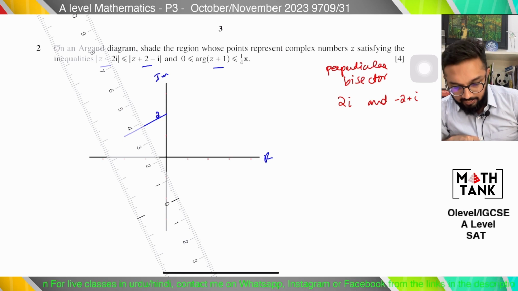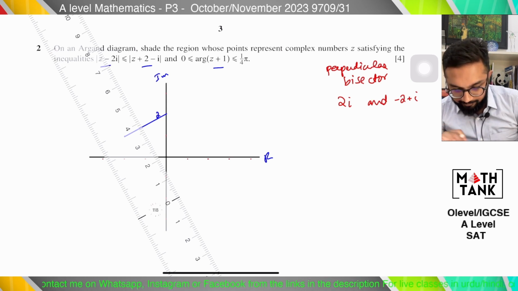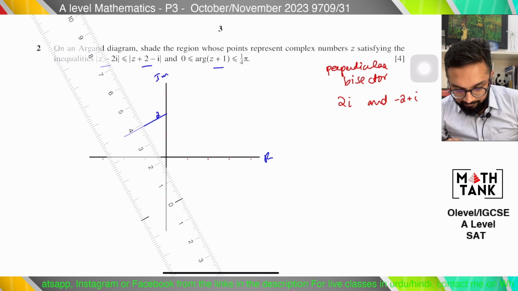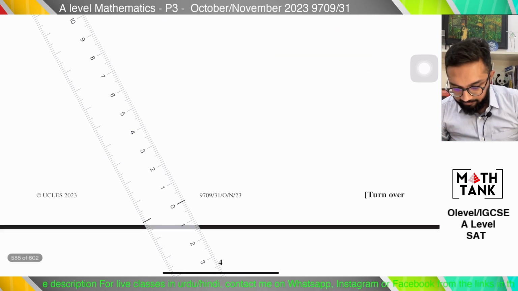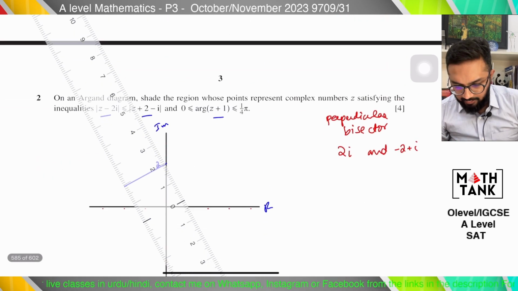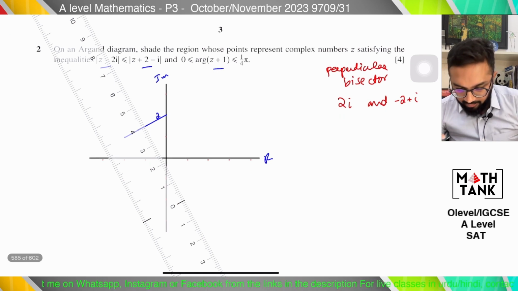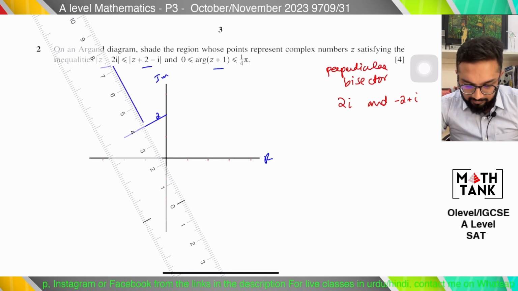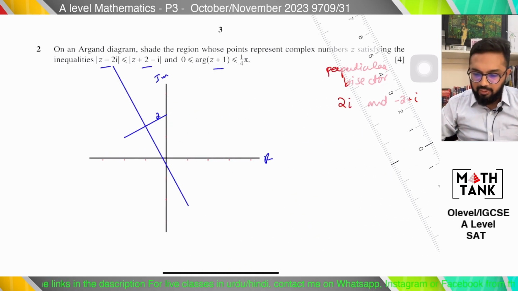I don't know if it's still the correct angle. Okay, as long as there's no other part involved, I think I can just make sure that I draw it as accurately as possible. That is my perpendicular bisector.